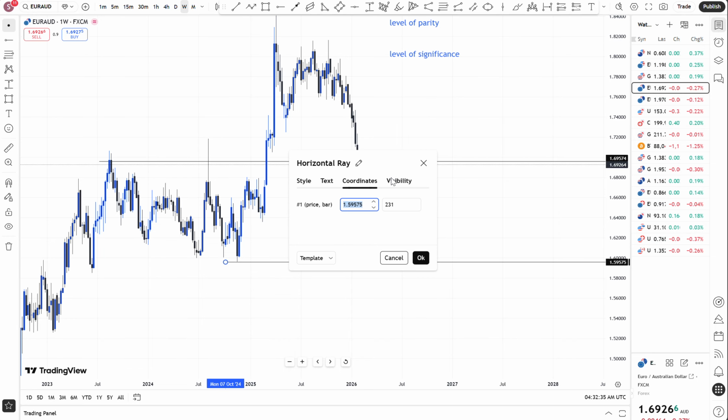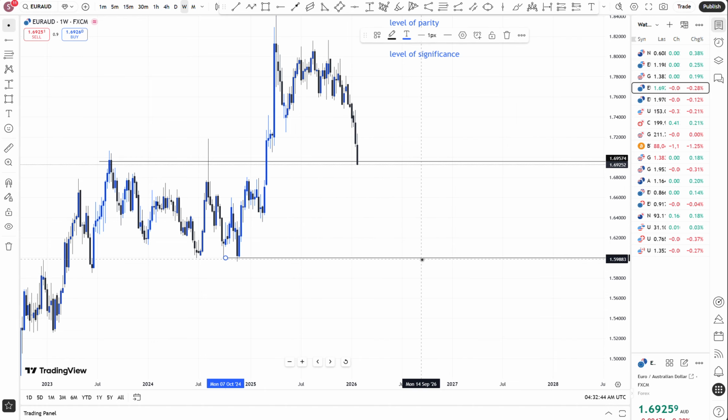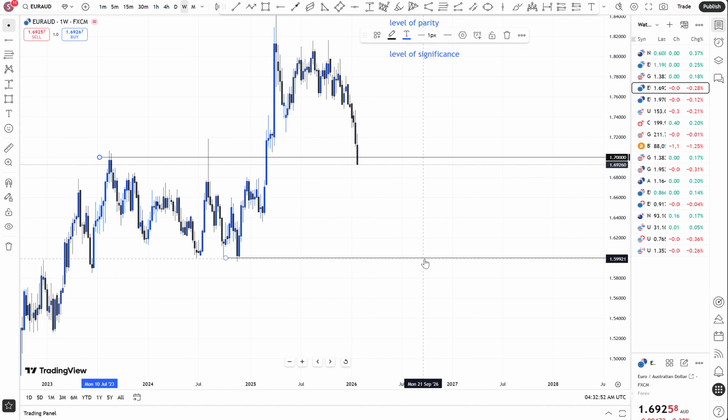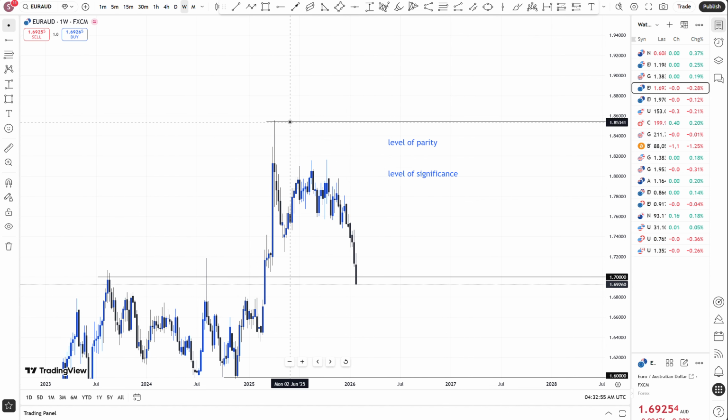So now we are going to adjust these levels to suit our preference. Here we're having 1.6, and here we're having 1.7, and here we're having 1.86.